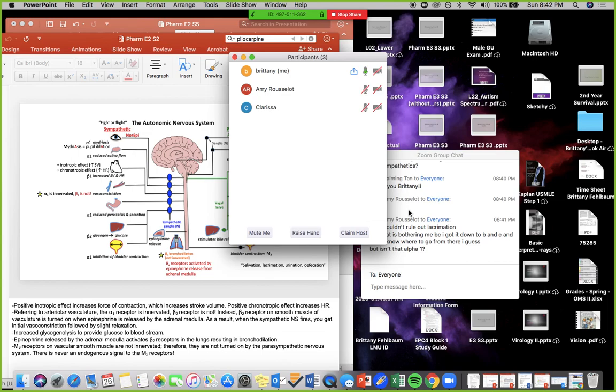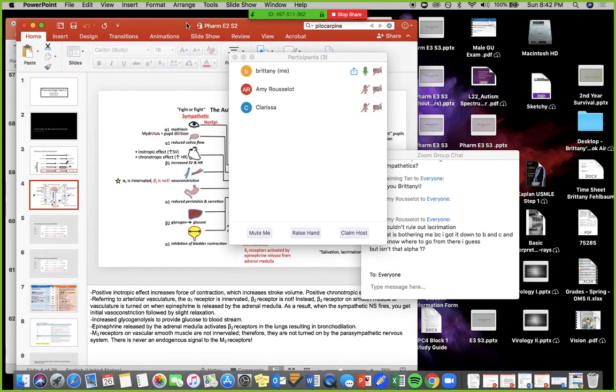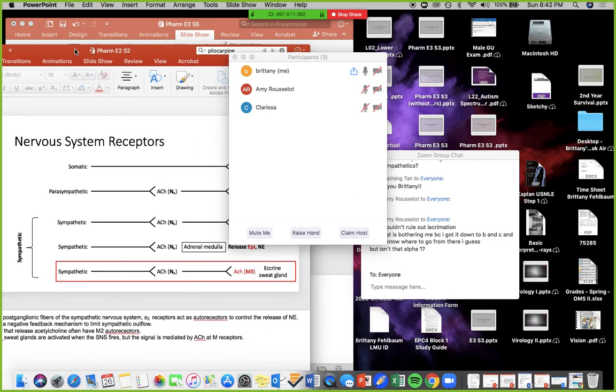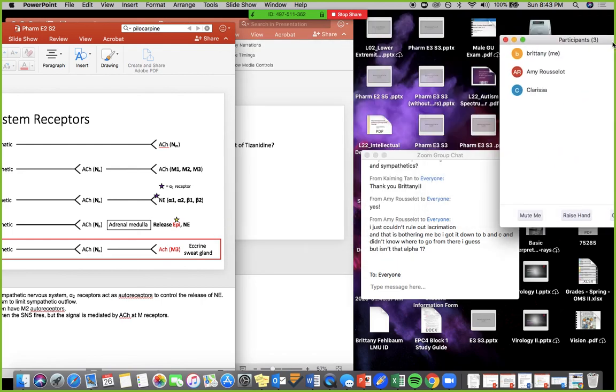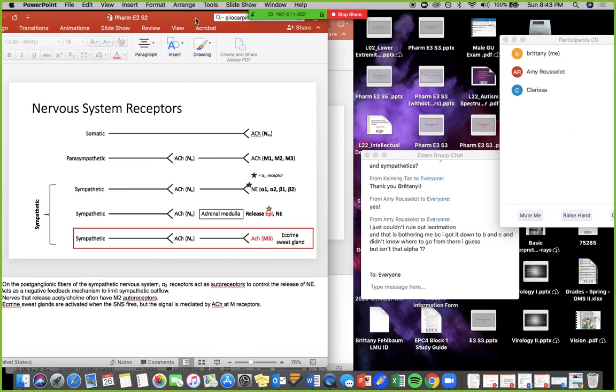Right, that is alpha 1, but let me go here. So remember these alpha 2 autoreceptors? Can you see this? So right here. Remember your alpha 2 autoreceptors that hang out on the postganglionic sympathetic fiber. So those are shutting off all of your sympathetic outflow. So that's going to inhibit alpha 1 as well.